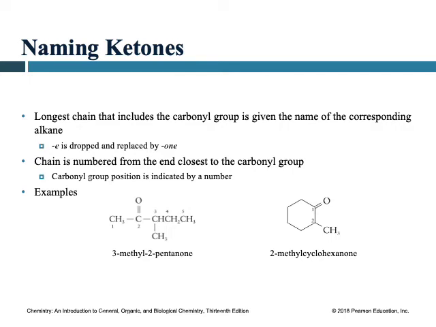Now let's try to see how to name a ketone, the functional group ketone, if you have any functional group in the organic compound. So what is ketone? Ketone is a carbonyl group with, on both sides of the carbonyl group, a carbon atom, right? That's your ketone.